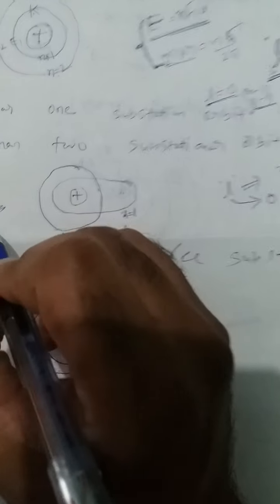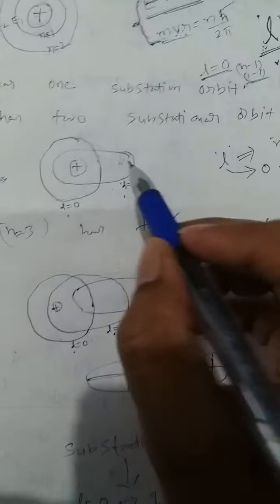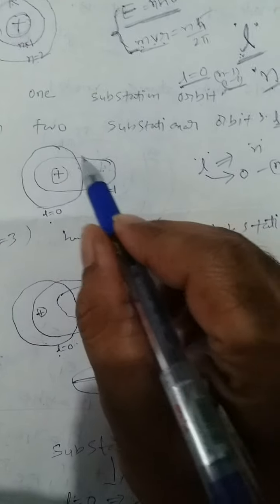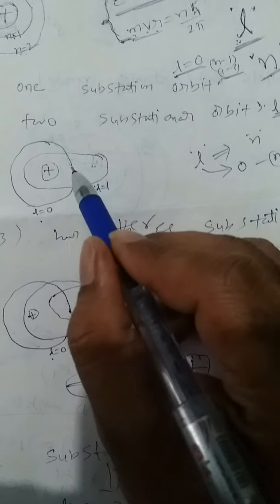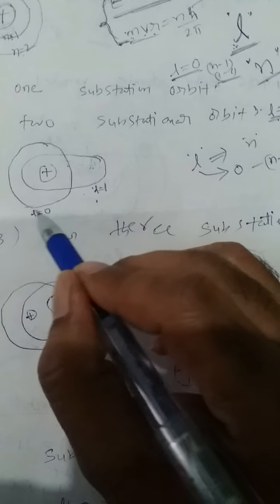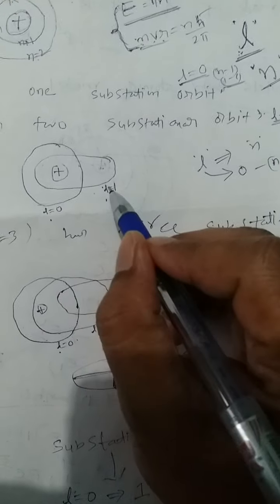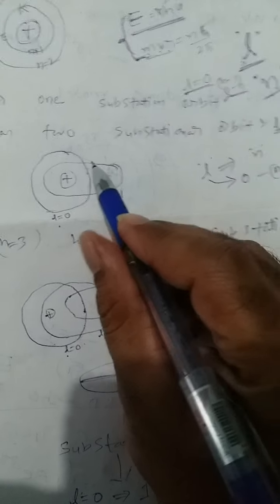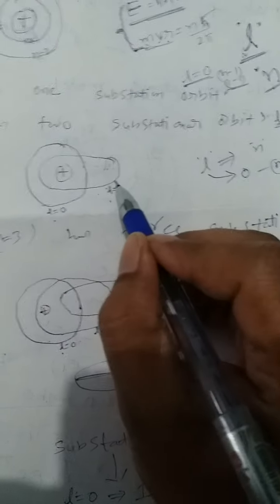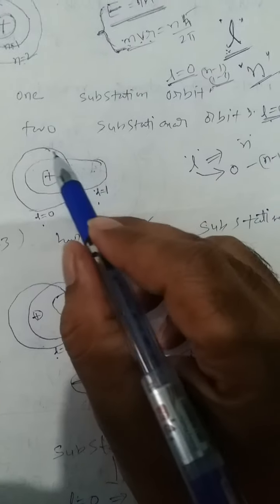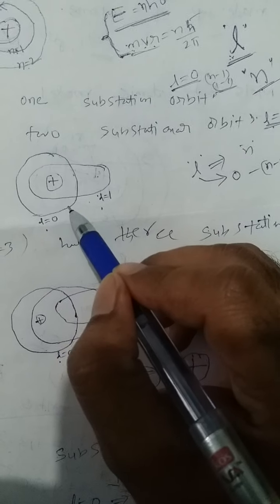For example, n equal to 2 has two substationary states. One is 100% elliptical in shape, and the second one is 100% circular in shape. The L equal to 1 substationary state is 100% elliptical in shape. L equal to 0 is 100% spherical in shape.